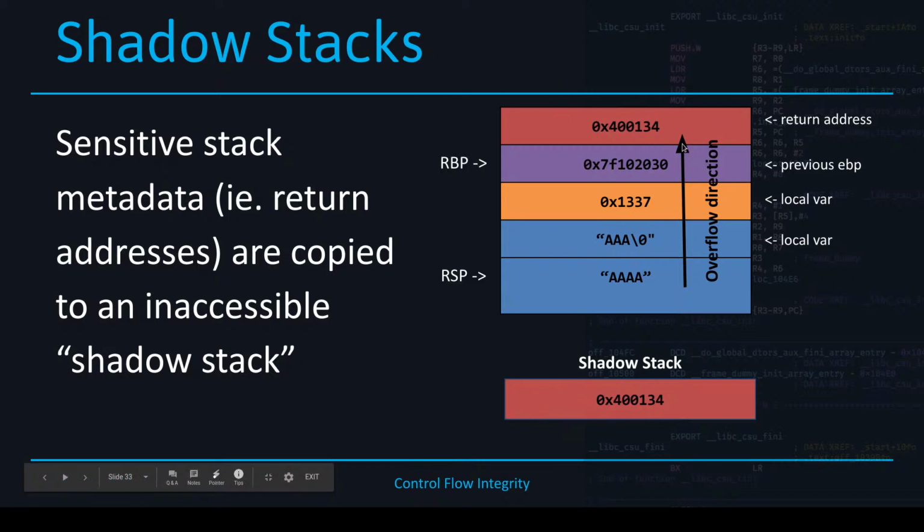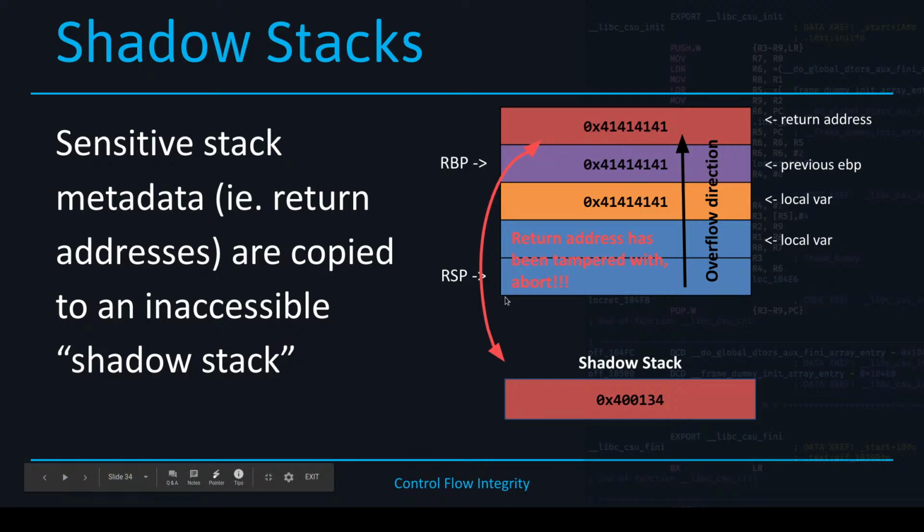And then as we finish executing that function, we're just going to look at the shadow stack and at that return address that's on the real stack, and we're going to say, okay, do these match up? And if they do match up, we know that everything is fine. But if they don't match up, we know that there's been some kind of shenanigans going on, and someone has corrupted our stack, so we just terminate the program.